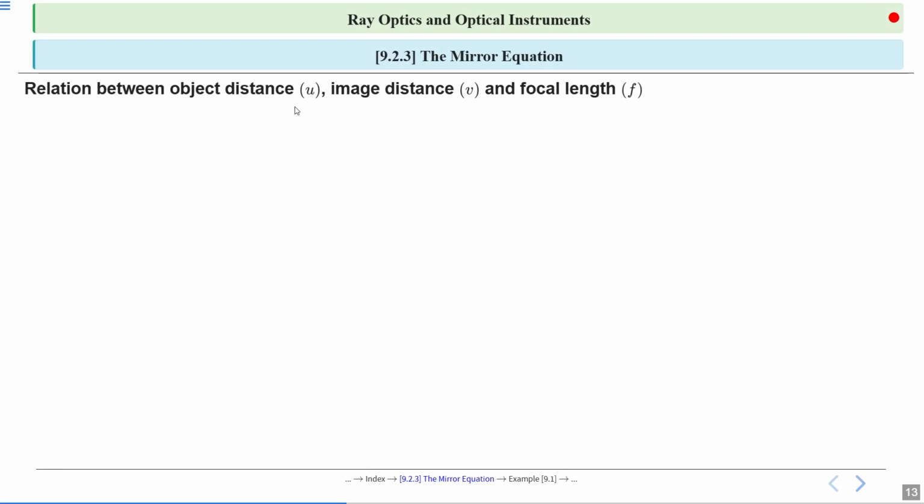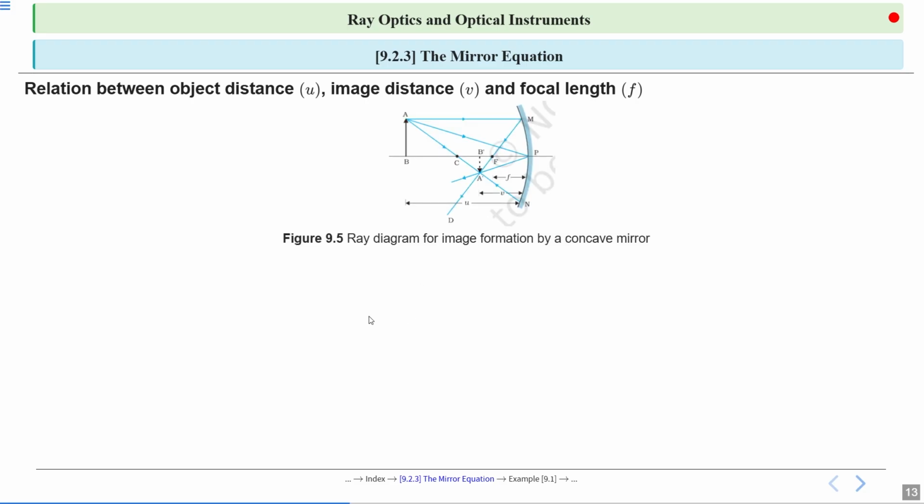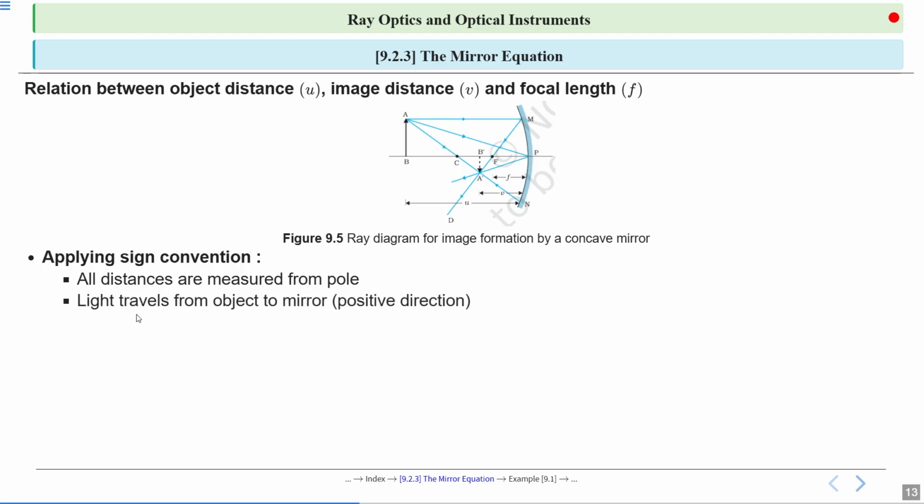The relation between object distance u, image distance v and focal length f. Applying sign conventions, all distances are measured from the pole. Light travels from the object to the mirror, so the direction of incident light is from left to right.